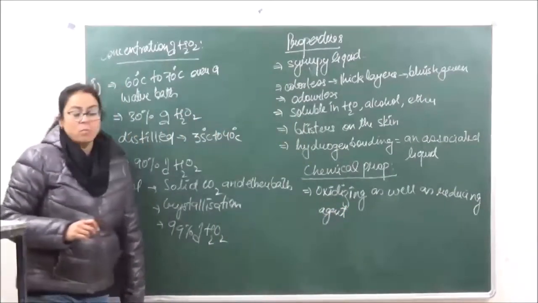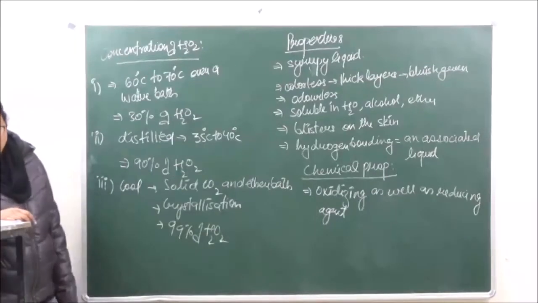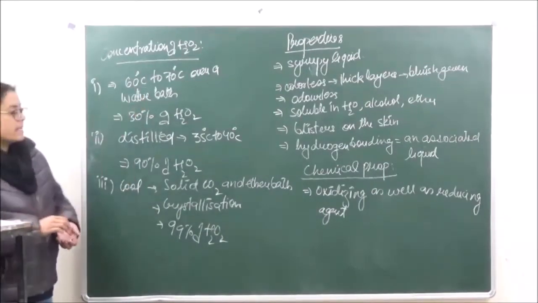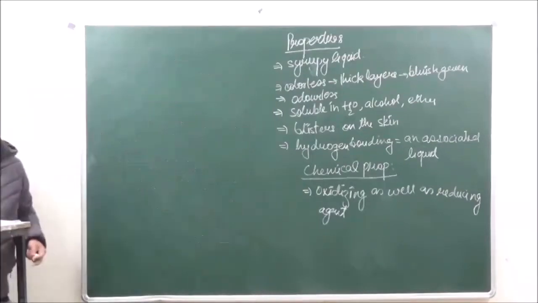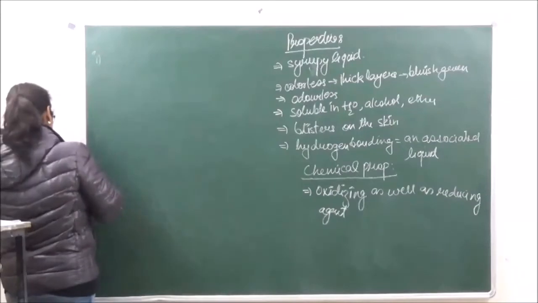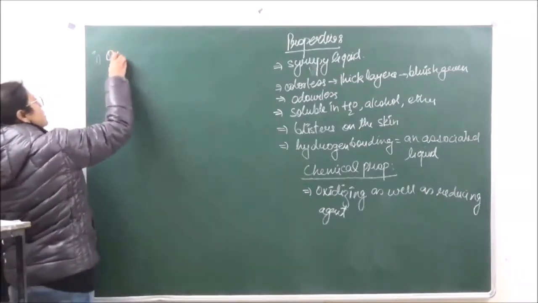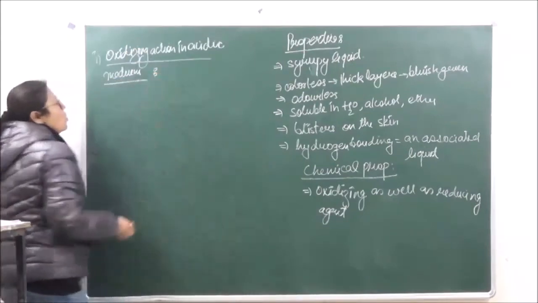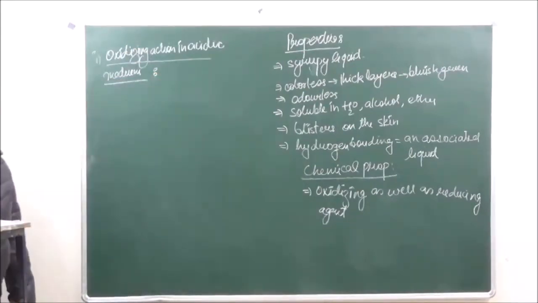So it acts as both oxidizing as well as reducing agent. So let's go on to the oxidizing properties of H2O2. The first one which we are going to do is the oxidizing action in acidic medium.